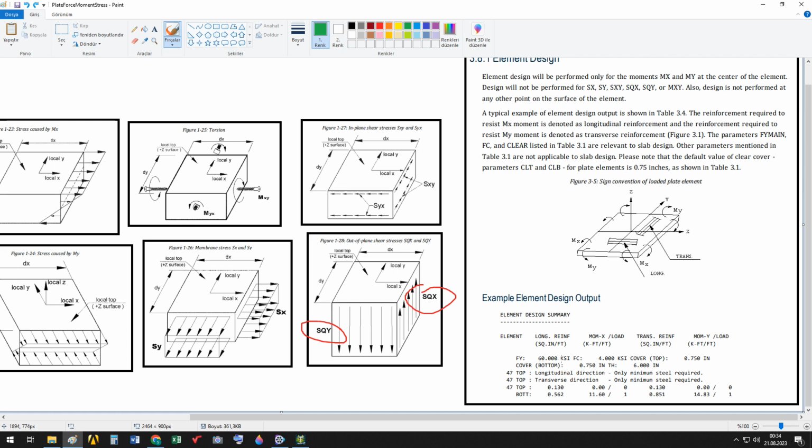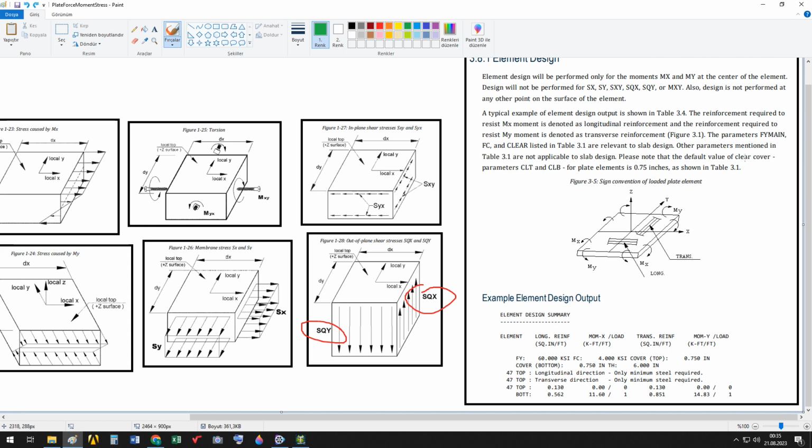You see Fy, compressive strength in terms of foot-pound-inch units, clear cover value or concrete cover value at the top and at the bottom. Thickness is the same information we had in our output file. Other parameters mentioned in this table are not applicable to slab design.